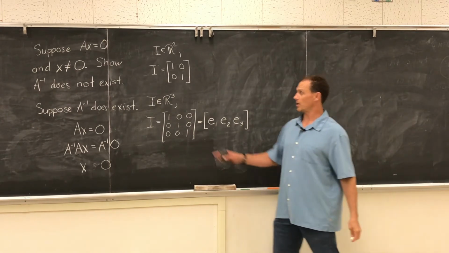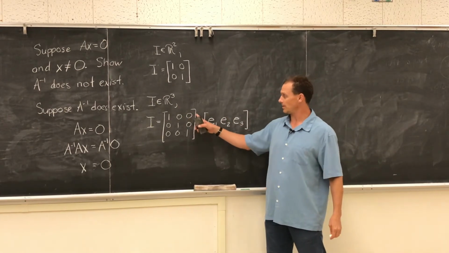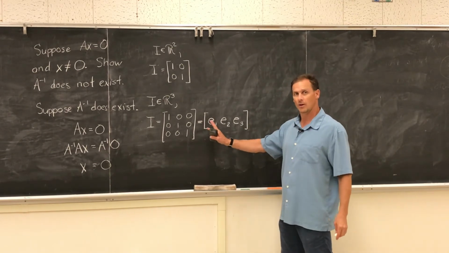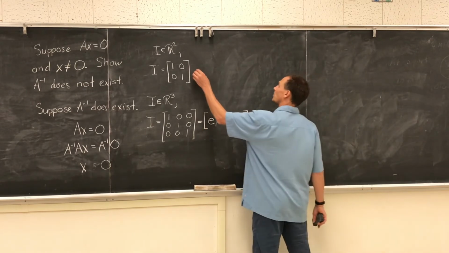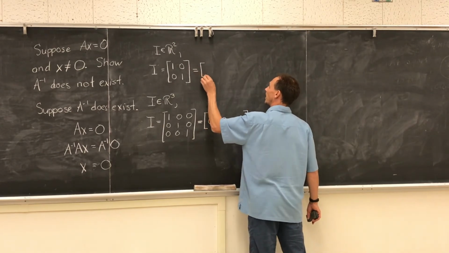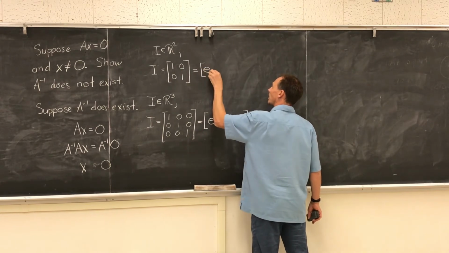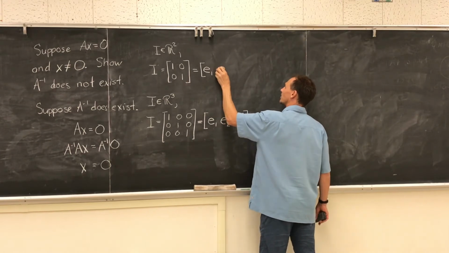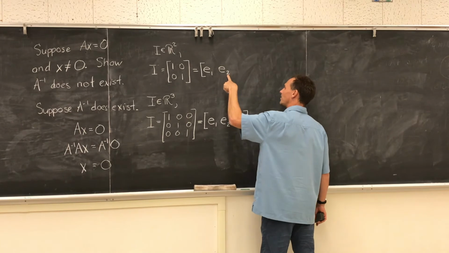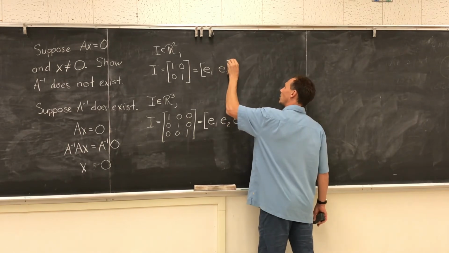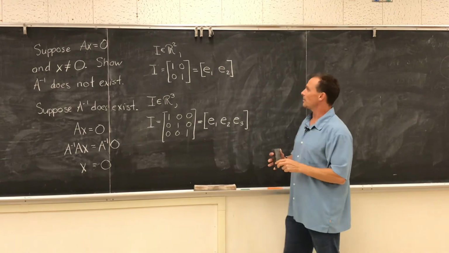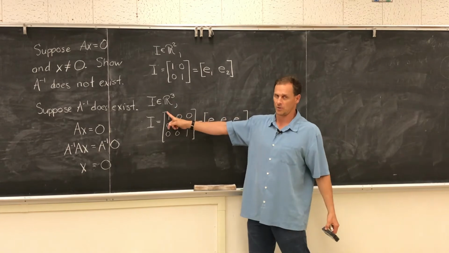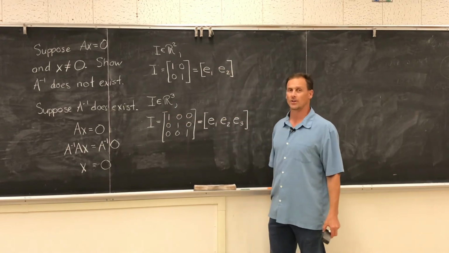If we were in R4, then we'd have an E4, and that would be 0, 0, 0, 1. Now, this is a contextual way of thinking because this matrix up here is also written as E1. And all that means is that in the first position is the 1. This is the second vector, E2. Again, the 1 is in the second position. But you always have to think about this E1 is not this E1. It depends on what space you're working in. So there's an awareness that needs to go with these.